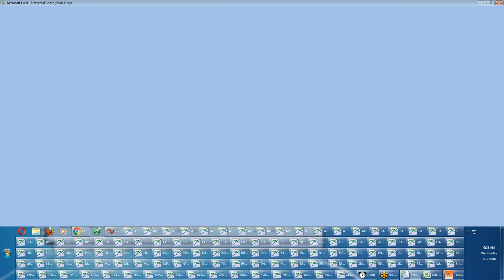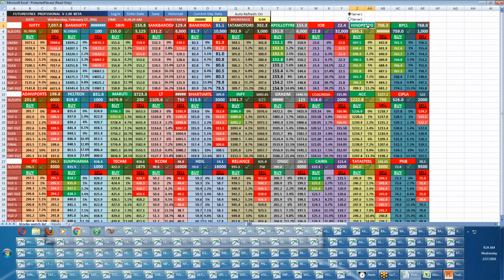That's a gap up open. So 382.30 is your entry. Can we have a buy?